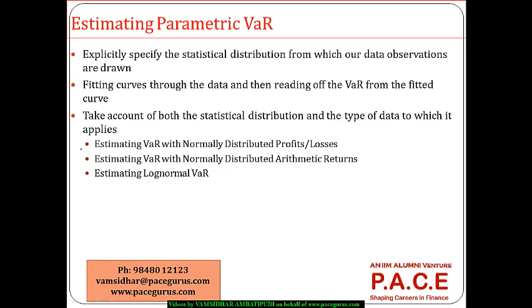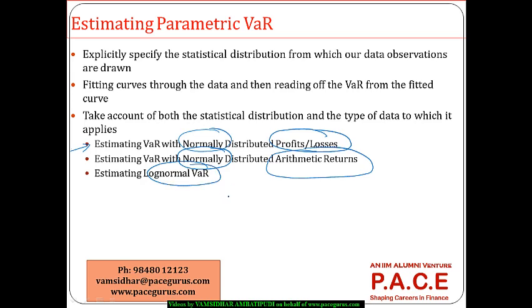So here I would like to look at three different versions of computing the value at risk. I'll look at the profit and losses, assume that they follow a normal distribution, and based on that compute the value at risk. I will look at the arithmetic returns, assume they follow a normal distribution, and then compute the value at risk.